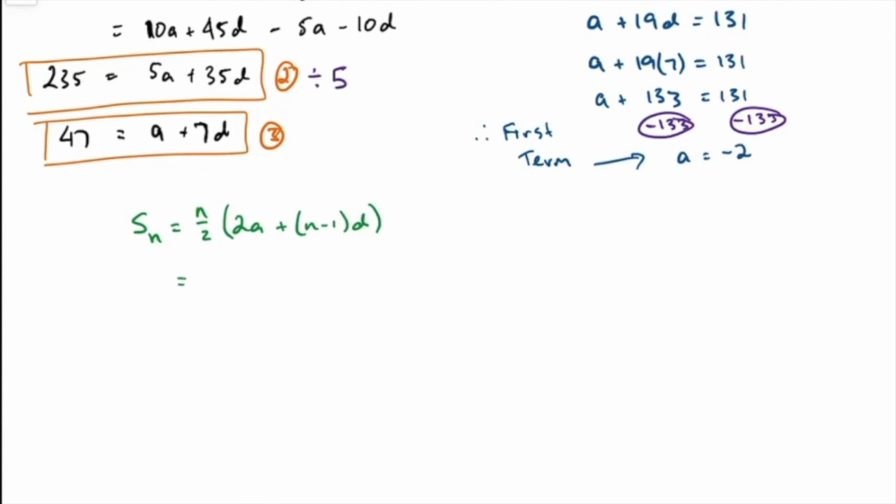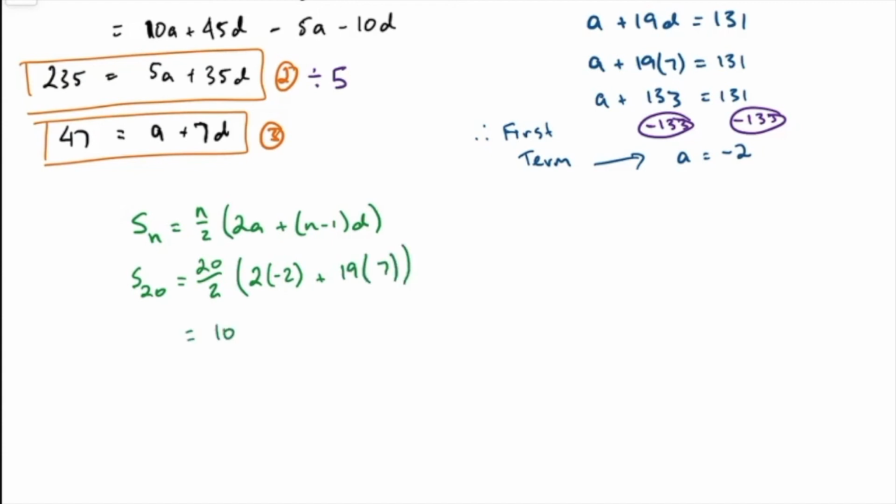Alright, so we want the sum of the first 20 terms. So we set up, we start substituting in. We have 2 times minus 2. 20 minus 1 obviously is 19. And then the difference is 7.